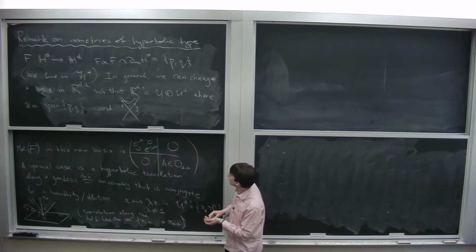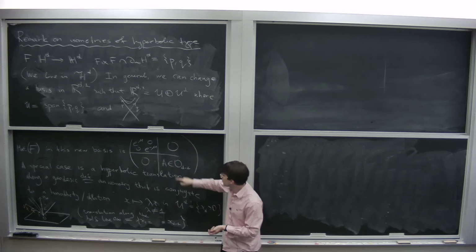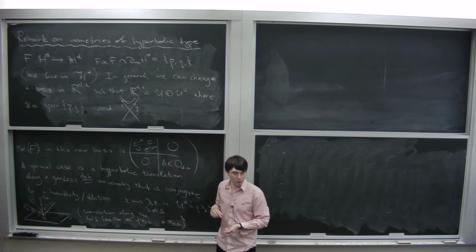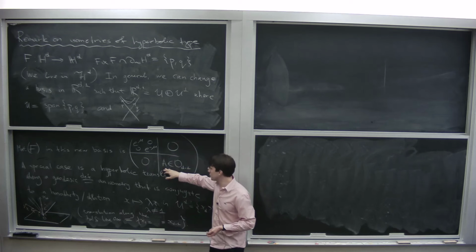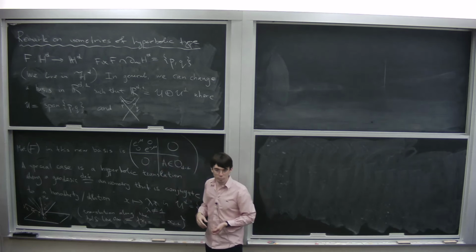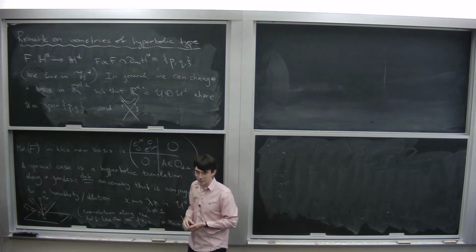So for hyperbolic translations, A is equal to the identity. I accidentally said that it should be the identity for every hyperbolic isometry, but I meant this special example.